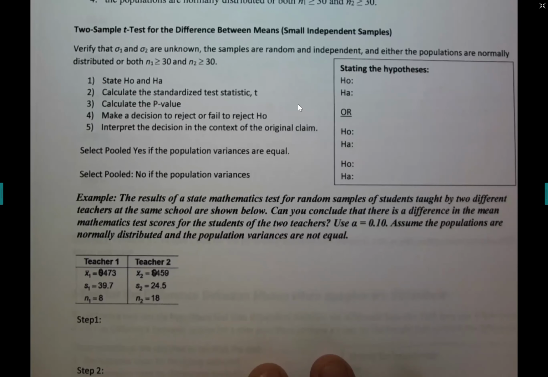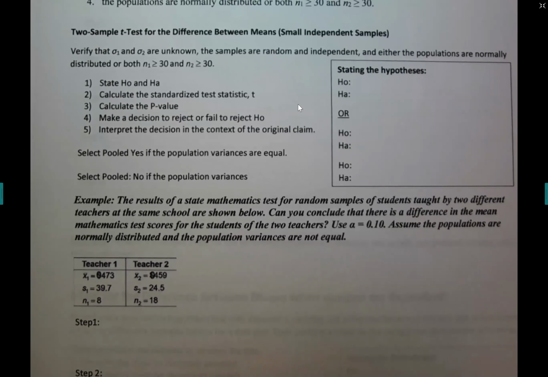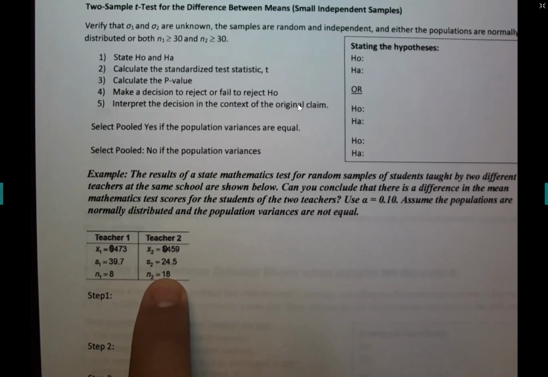Does the number have to be the same, which is n? Oh, n has to be the same for dependent samples, definitely. But not in this case. Look, this one, for example, 8 and 18. Once you see that the numbers are not the same, they are independent. And we're only working with independent samples. How to test the hypothesis for two samples that are dependent will come up next, okay?